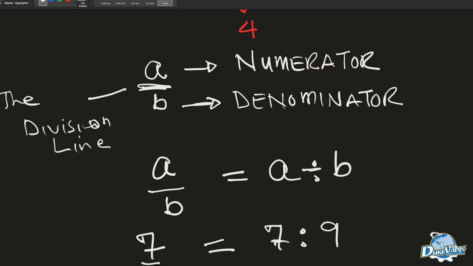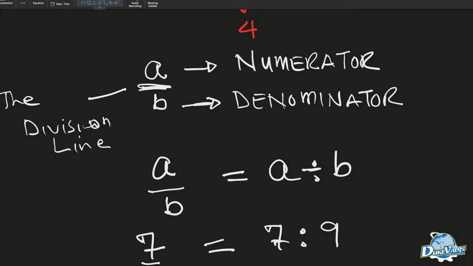So we've seen the definition of a fraction. The first variable, a, is called the numerator, and b is the denominator. Everywhere we see it, we will be able to identify what it is.